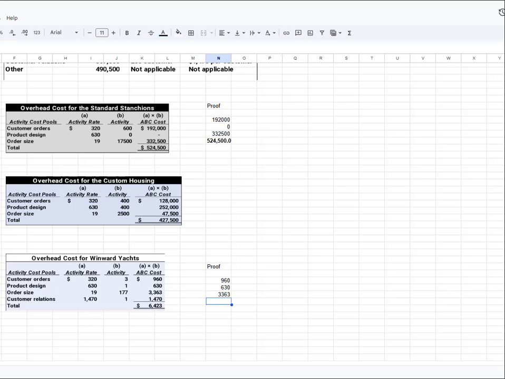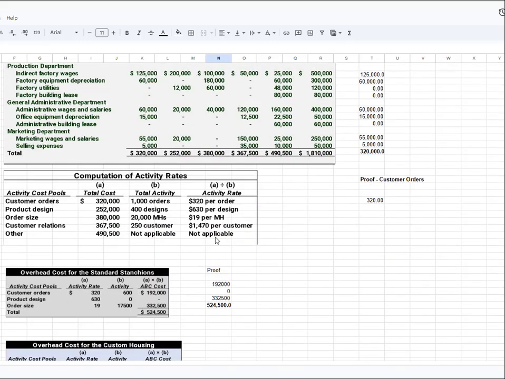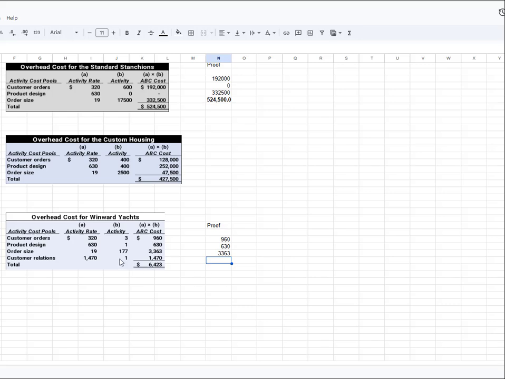And then customer relations, scroll all the way up here, and we see that customer relations is going to be $14.70 per customer. You got one of them. It's Windward Yachts, so put $14.70 here and add these all up. And for our individual customer of Windward Yachts, we have a total of $6,423.